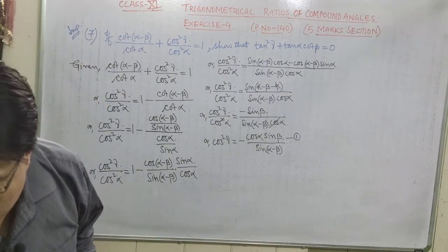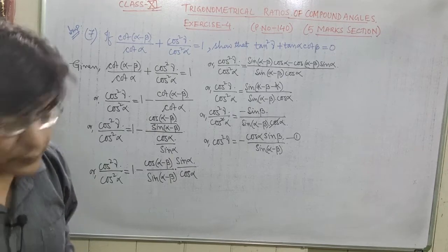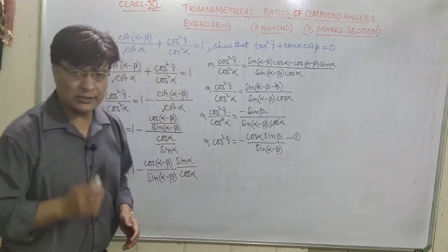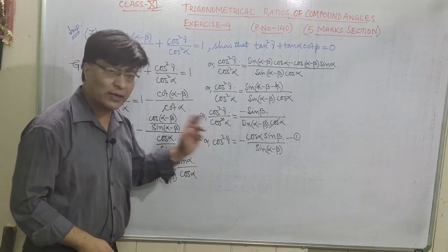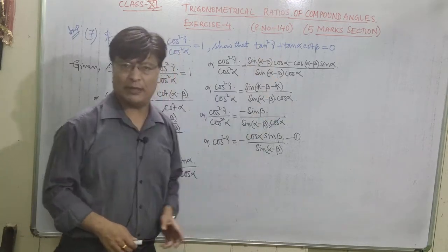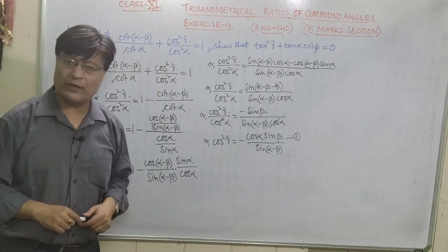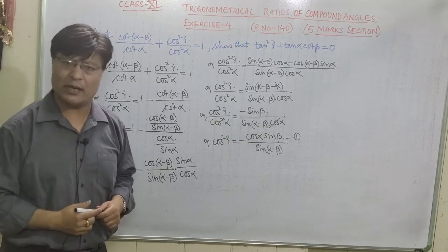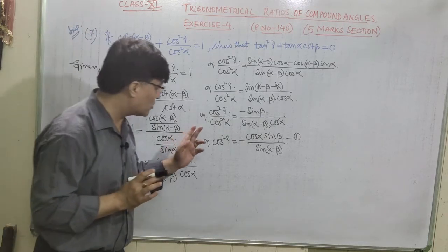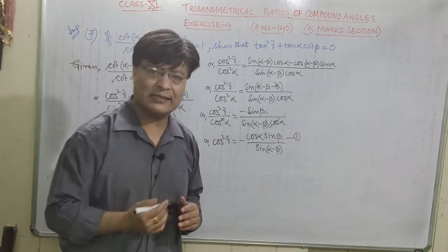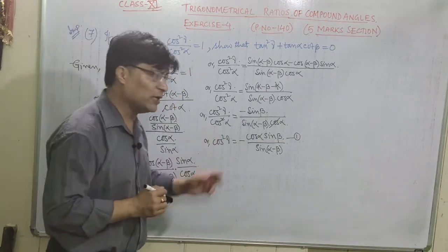So now what will you do in the next step? Since we have got the value for cos square gamma, and since we have to prove tan square gamma, and you know the formula for tan square gamma is sin square gamma divided by cos square gamma. So we have already got the value for cos square gamma. Now let us get the value for sin square gamma from here.